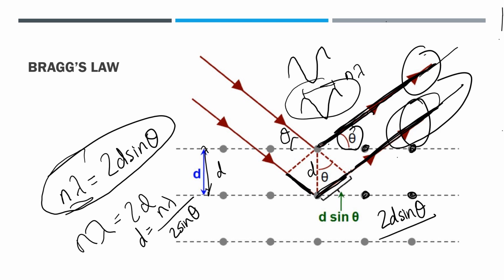So this is basically how you figure out what the distance is between these lattice points. So for example, if I have a unit cell and I want to figure out what the edge length of this cell is, I would do some X-ray experiment and, using Bragg's law, figure out what d was.